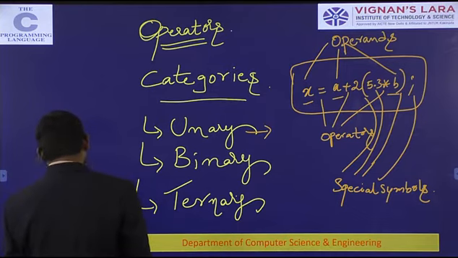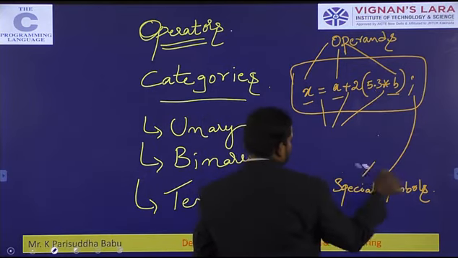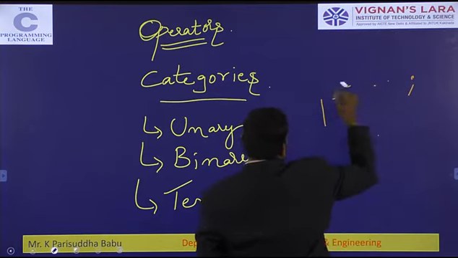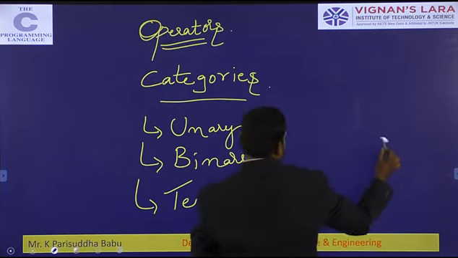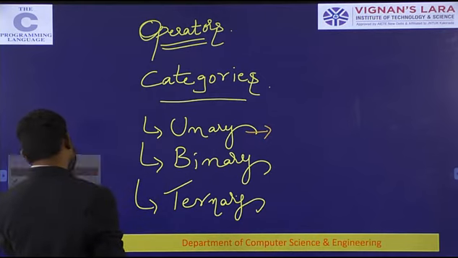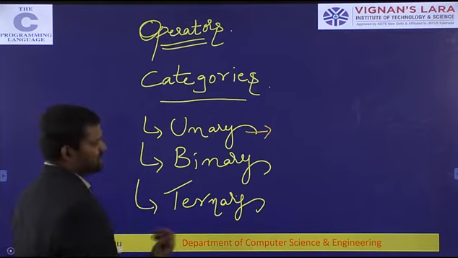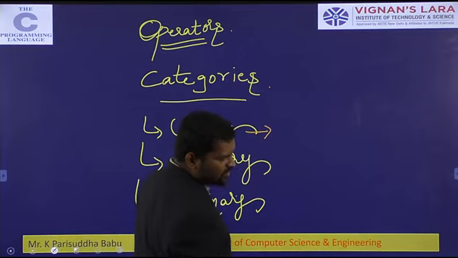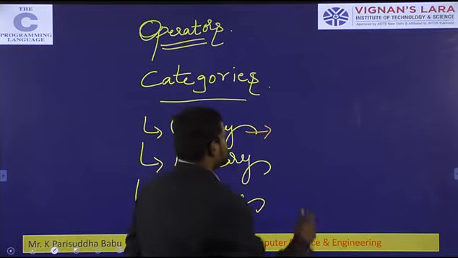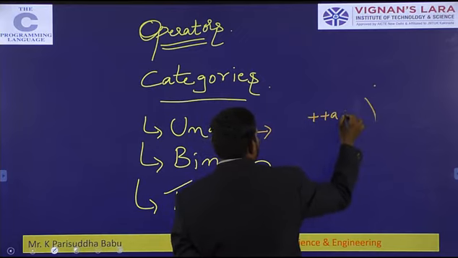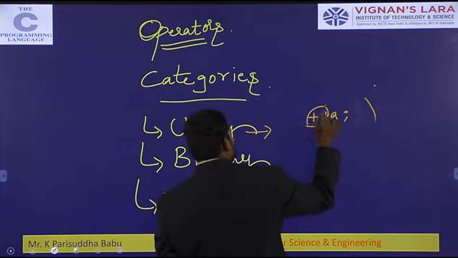These categories represent the different kinds of operators that are there. An operator is a symbol which performs an operation on something. If an operator performs on one operand, for example plus plus a, plus plus is an operator and a is an operand.